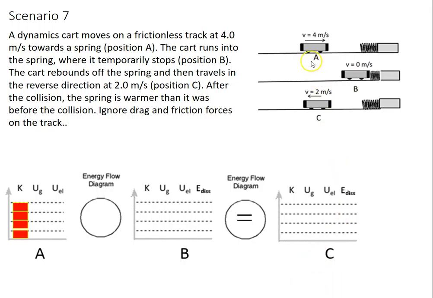Okay, now at C, we see that the car is only going half as fast. Now you might think that the kinetic energy is only going to be half, but that would not be correct. You say, how could that not be correct? Because the formula for kinetic energy is 1/2 mv squared. So if you're going half as fast as you were before, you only have 1/4 the kinetic energy that you did.